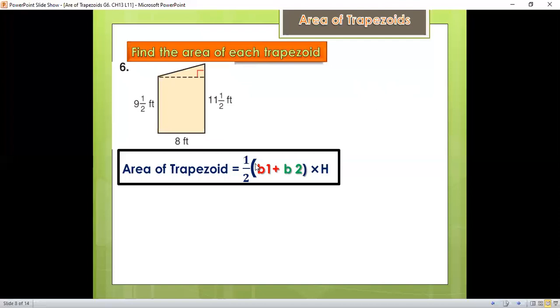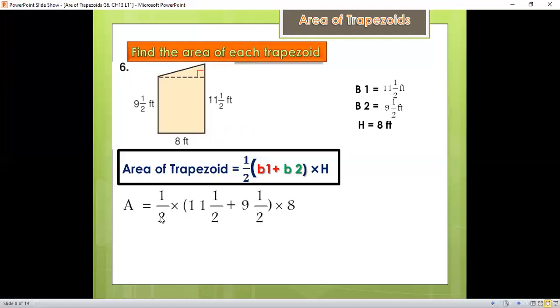Question number 6. We have base 1 is 11 and a half feet, base 2 is 9 and a half feet, and the height is 8 feet. By substituting in our formula, area of trapezoid equals half, base 1 plus base 2 in brackets, multiplied by height.